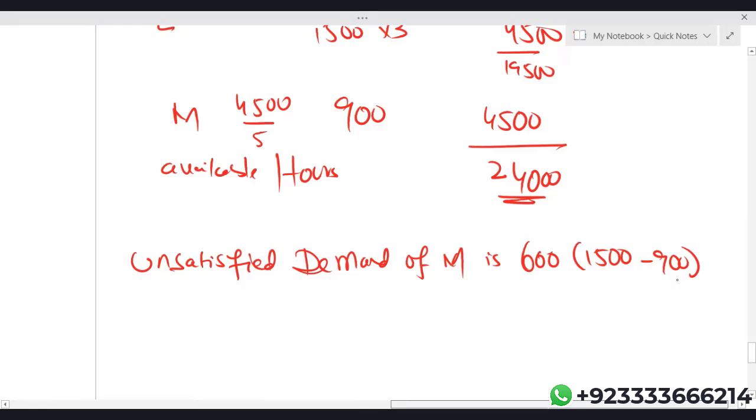Basically, we now have to buy these 600 externally so that we can fulfill the demand of M. So the unsatisfied demand of M is 600 units, and these will have to be bought externally.